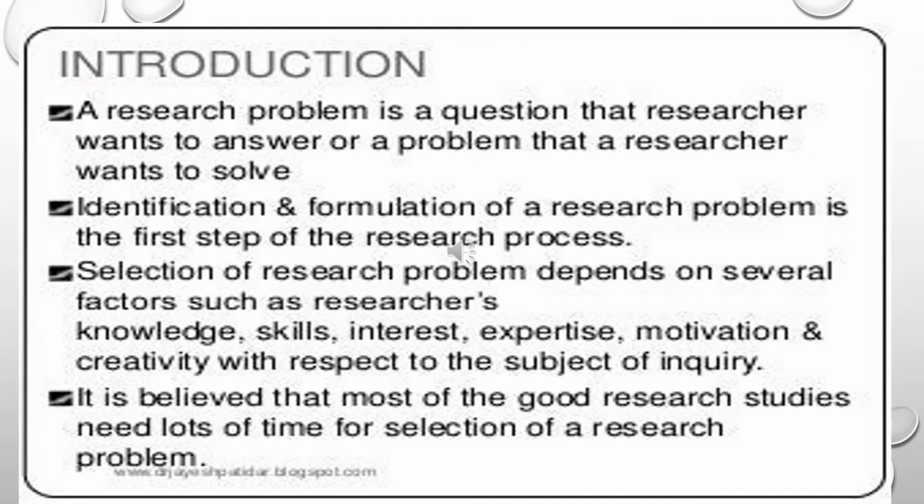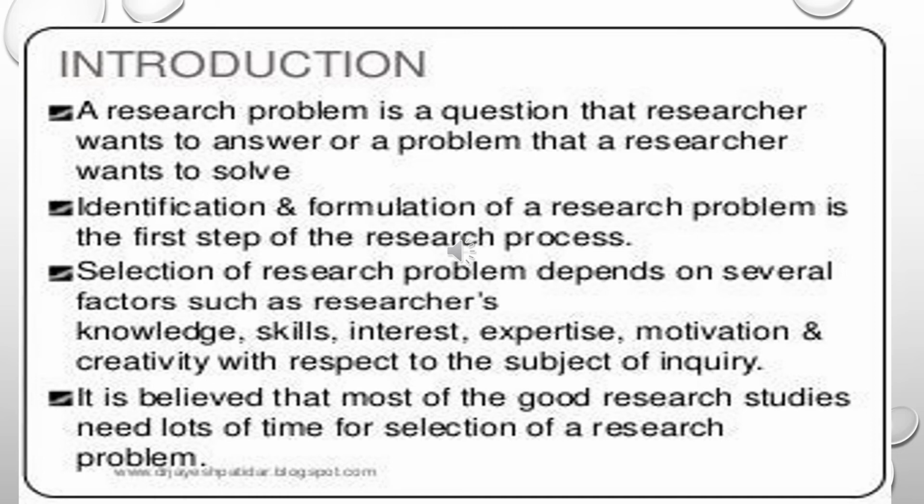Okay, now the introduction of the identification of the research problem. Already I have explained what the identification of the research problem is and what the characteristics of the research problem are. Now I have read and explained the introduction. So a research problem is a question that a researcher wants to answer or a problem that a researcher wants to solve.